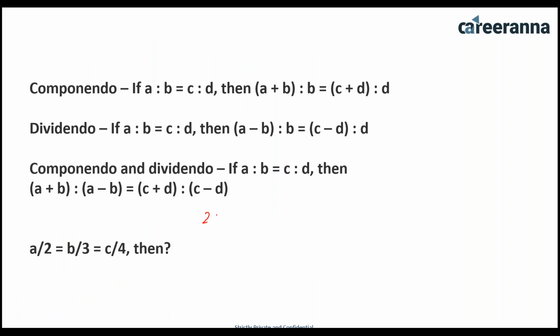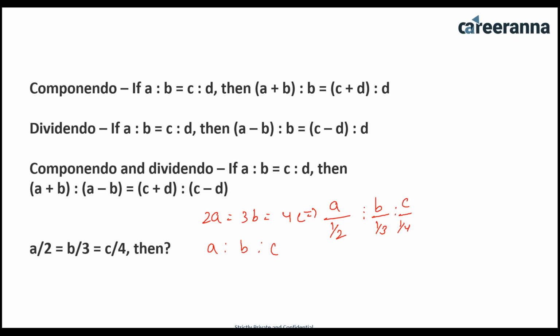Okay, so I told you 2a equals 3b equals 4c, and you have to find out a is to b is to c. So can I write this as a divided by 1 by 2, b divided by 1 by 3, c divided by 1 by 4? Can I do this? Any doubt?